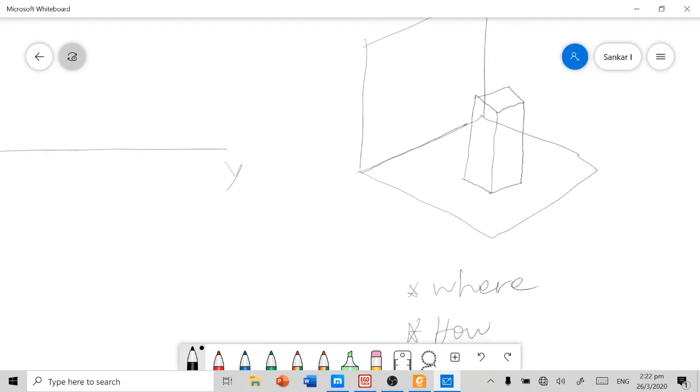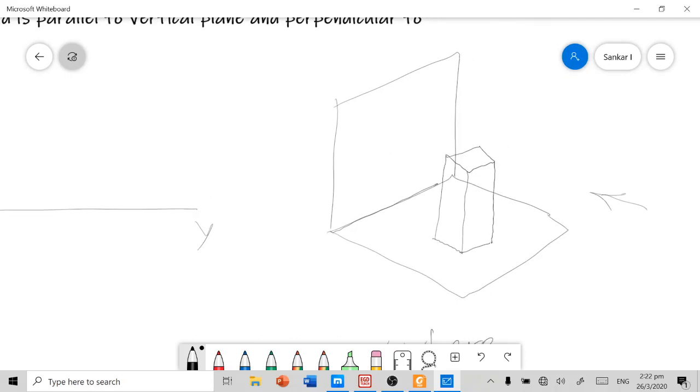See here, when you look from the front and from the top, in which view can you see the base of the solid? This solid is a square prism. When you look from the front, you are not able to see the base.